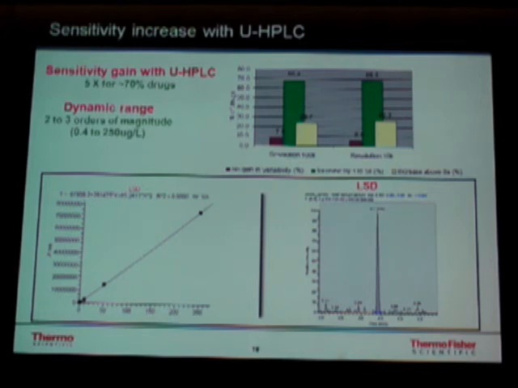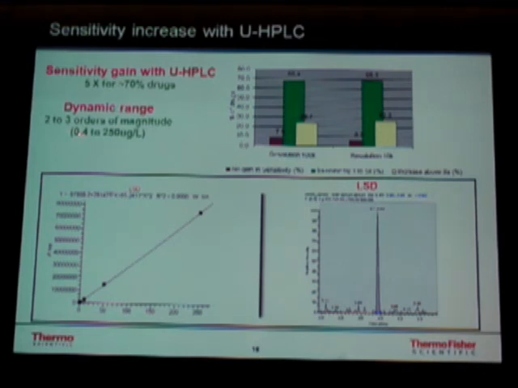As we were asked to compare HPLC versus UPLC, we did those experiments, and what we found out was you gain roughly with UHPLC about 5x for 70% of the drugs. So UPLC didn't help with all the 40 drugs, but it did help us with 70% of the drugs, increasing the intensity, getting better signals.